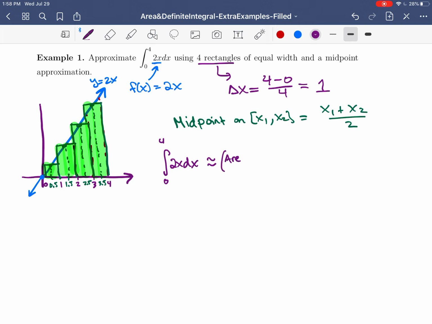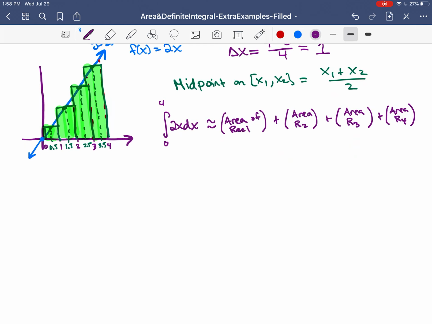So it's the area of rectangle 1 plus the area of rectangle 2 plus the area of rectangle 3 plus the area of rectangle 4. To find these, it's the width times the height. Each one has a width of 1, so that's delta x. But the height varies.